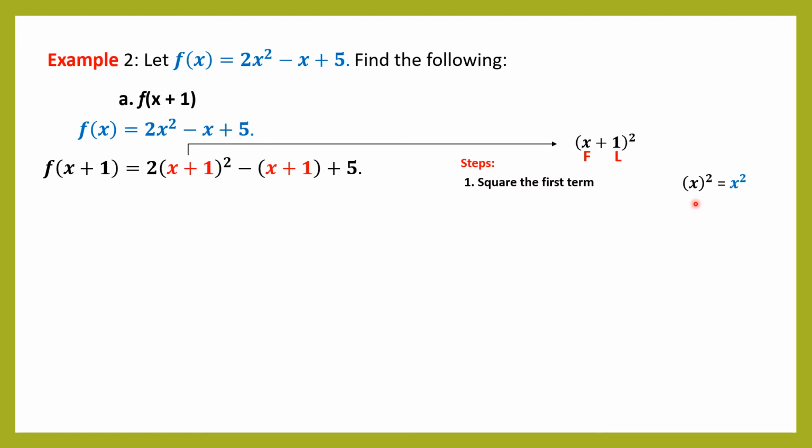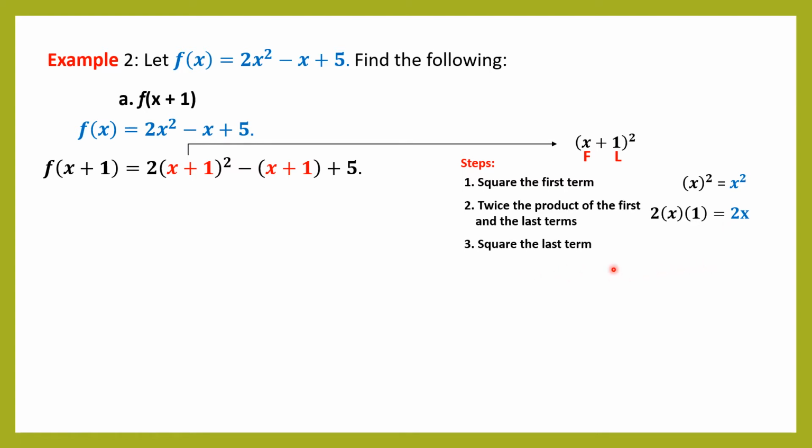So, x squared. Number 2, twice the product of first and last term. So, yung first term ay x, yung last term ay 1. Therefore, multiply lang natin yan sa 2. We will have 2 times x times 1 is equal to 2x. Yung last step, square the last term.